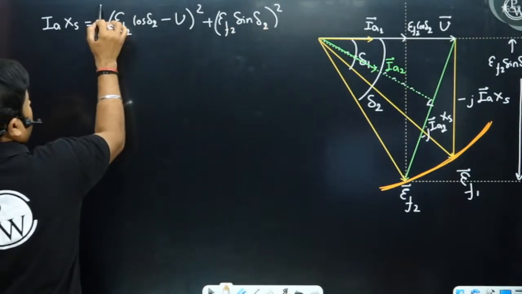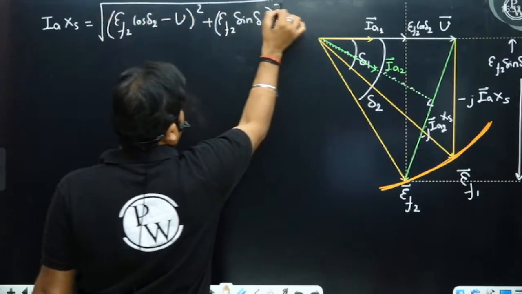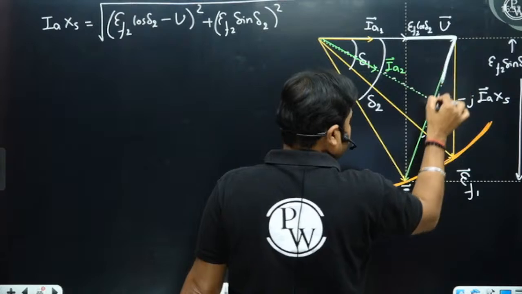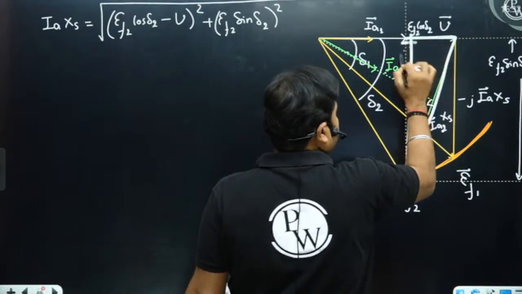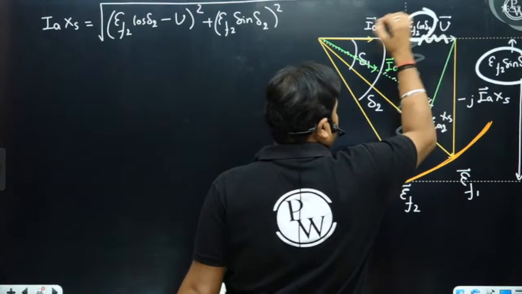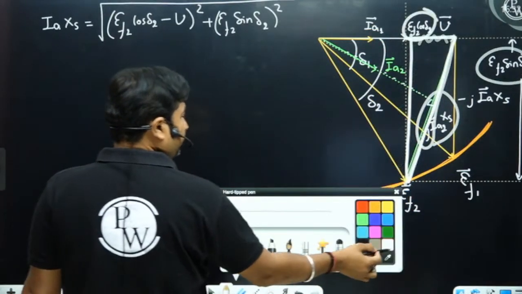So hypotenuse square can be calculated as perpendicular square plus base square. We are able to see this right angle triangle. So here this will be your EF2 sin delta and this will be your EF2 cos delta. So you can calculate IA2 Xs magnitude.